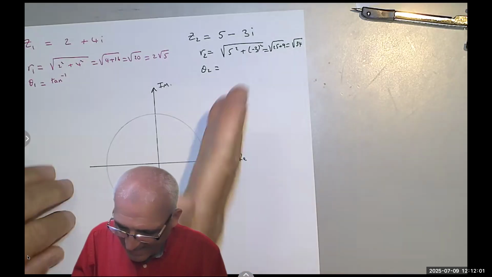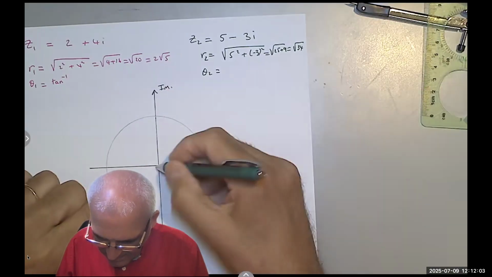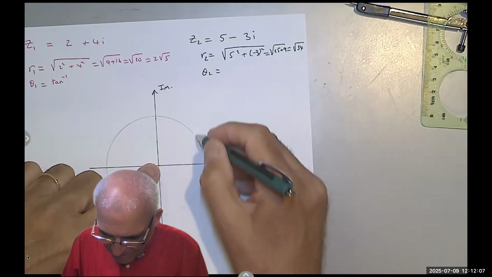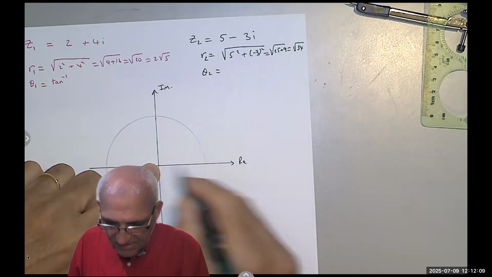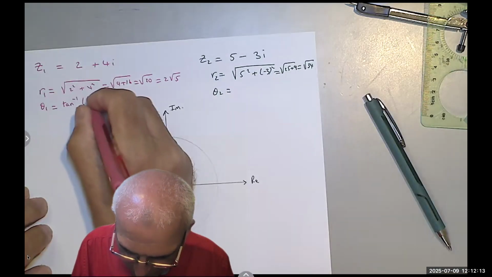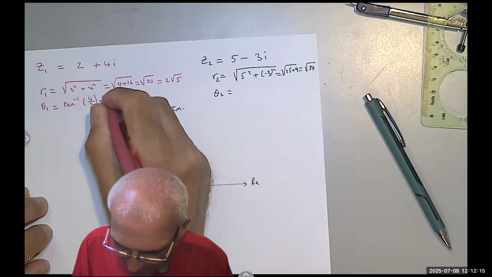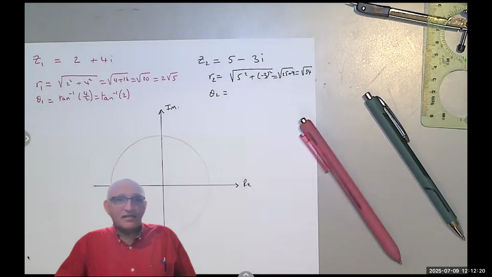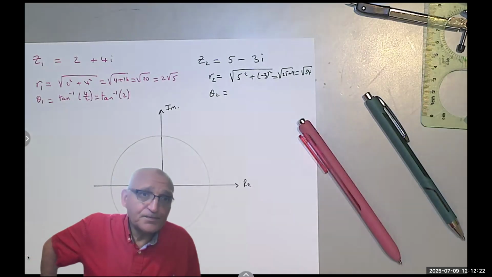So the angle theta has a tangent of y, which is the imaginary part, over x, which is the real part. So it's arctan of 4 over 2, which is arctan 2, the angle whose tangent is 2.